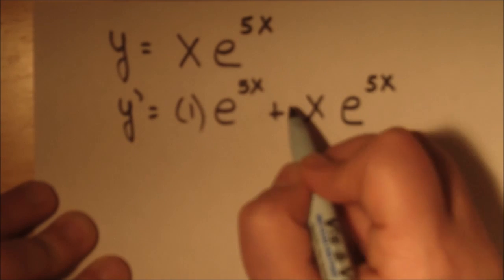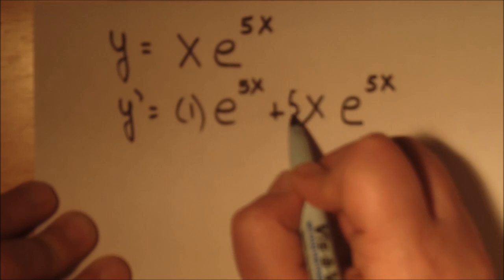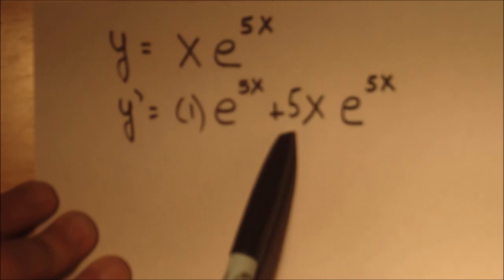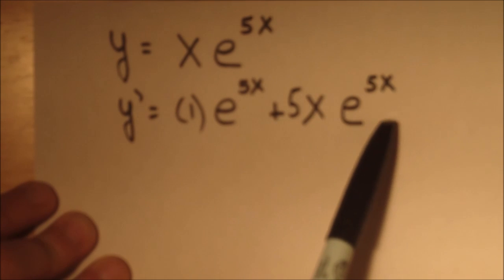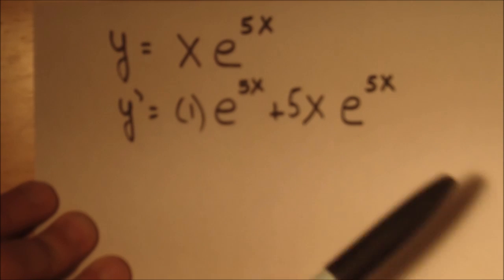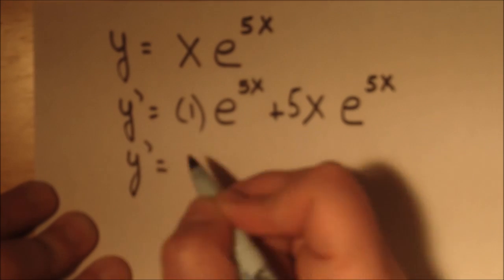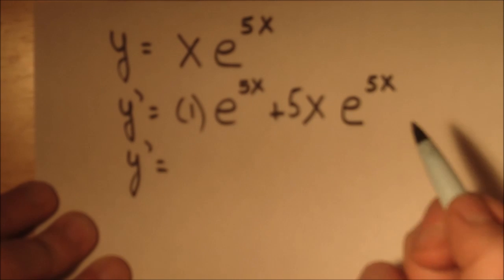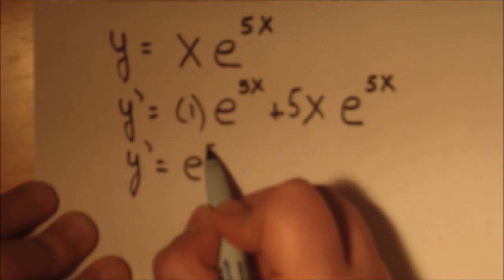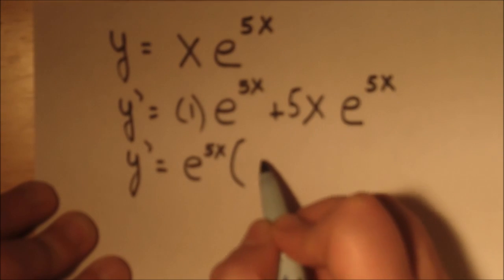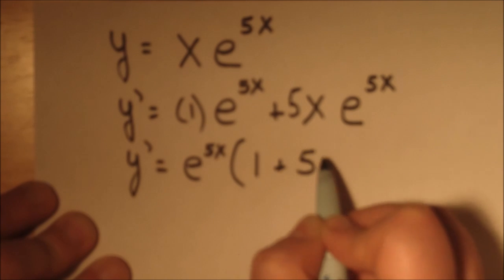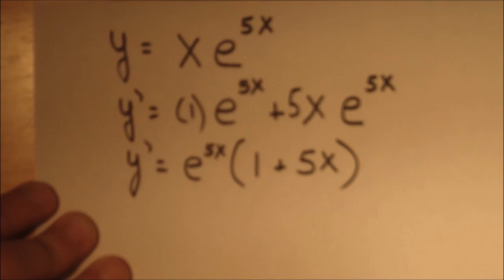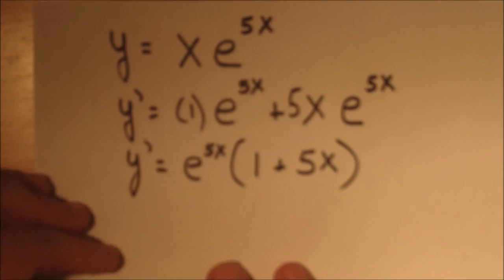So times 5. And I like to put my coefficients in the front, all right? So instead of putting the times 5 back here, I want that to go into the front. And this answer is acceptable if you factored out the e to the 5x, right? That's good also. So that would be the derivative.